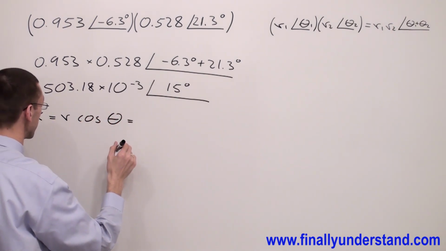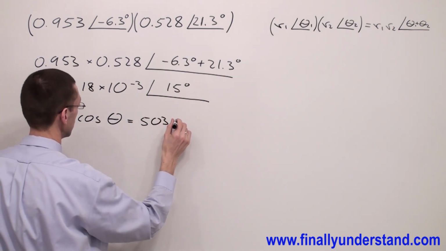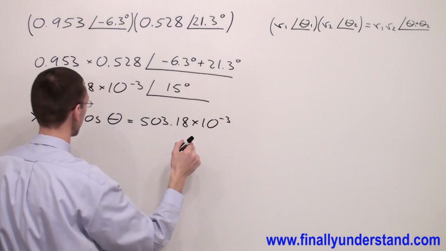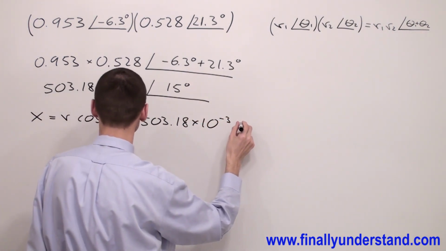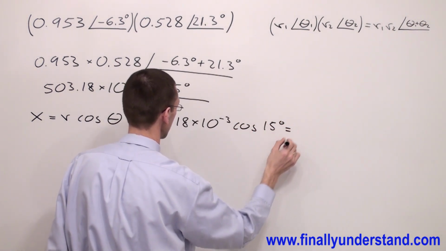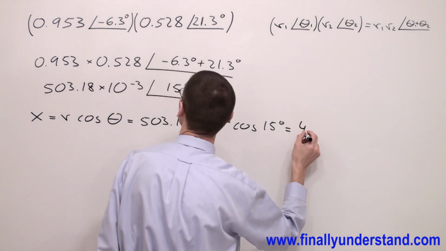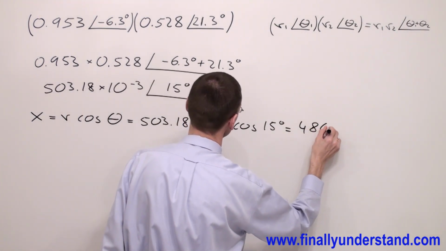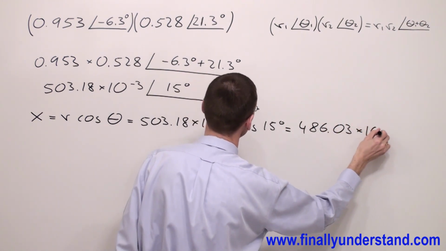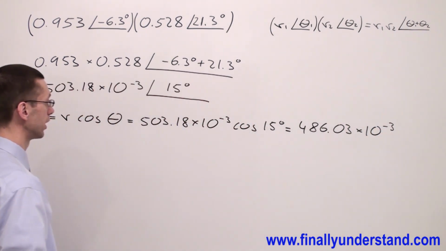So this is equal to 503.18 times 10 to negative 3 times cosine of angle 15 degrees, which is equal to 486.03 times 10 to negative 3. And this is my real part.